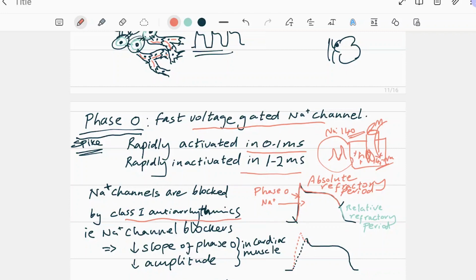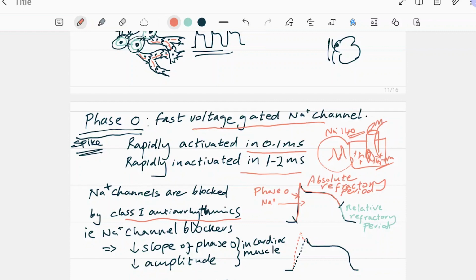So there are some drugs which prevent dangerous arrhythmias from happening, and we call them class 1 antiarrhythmics, like quinidine, lidocaine, procainamide, and all these things you'll learn about in pharmacology when we go there.